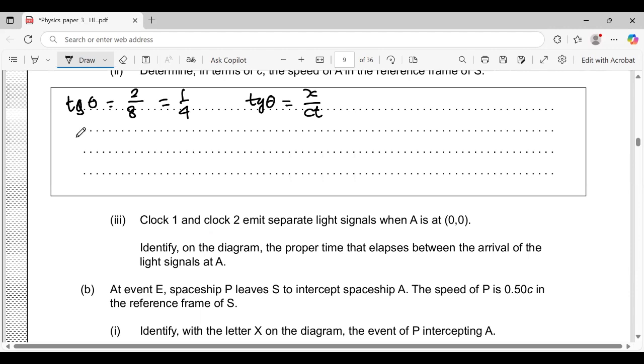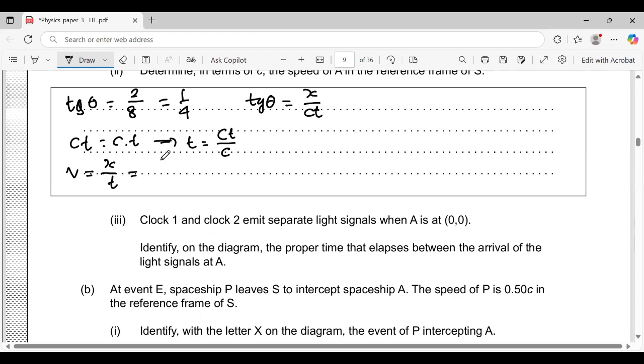And you know that ct equals c times t. So it means t equals ct over c. And the speed or velocity equals x over t.